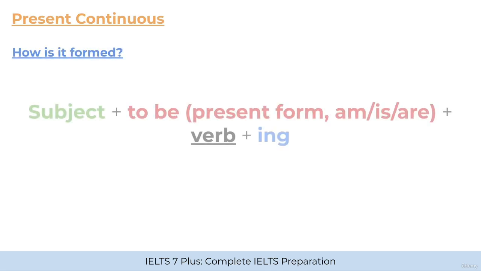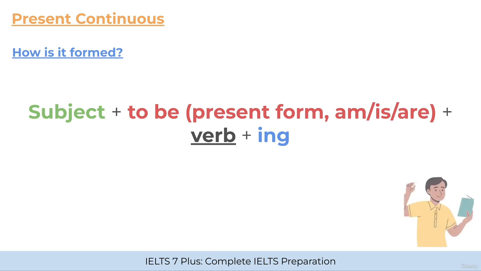Okay, so let's have a look at our equation. We've got the subject at the start, then our form of the verb to be in the present form, either am, is, or are, the main verb plus that ing. And we'll see this in action because I know that this is a bit overwhelming initially when you see this equation, but I think you'll recognize it when it's in examples.